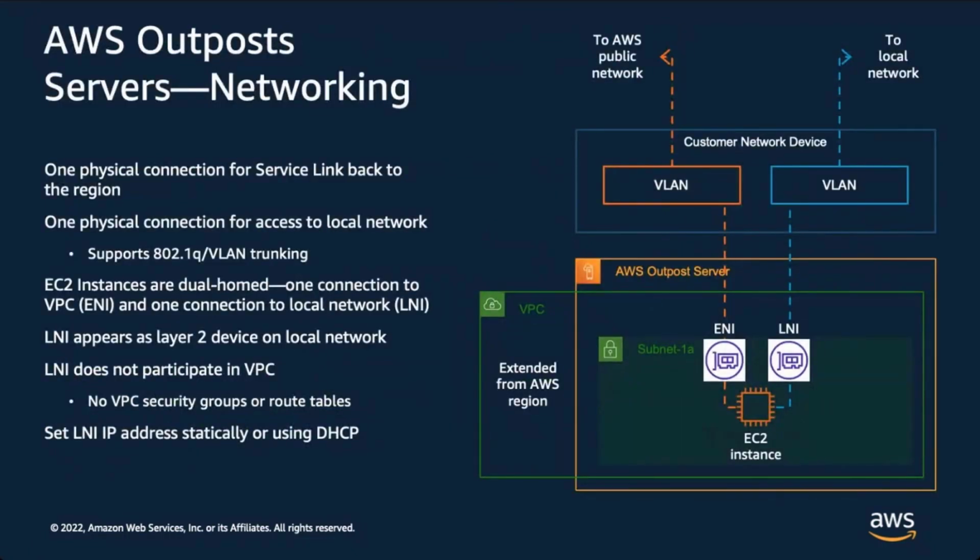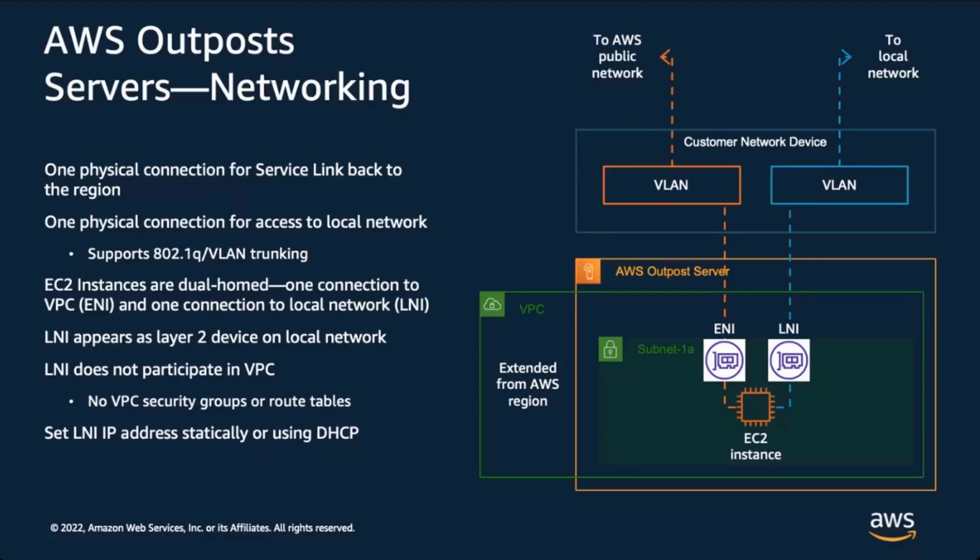Let's talk a little bit about Outpost servers networking, and I want to spend a few minutes here because it is different. It's different from the way we do things in region. It's different from the way we do things on Outpost racks. And a lot of it is because when you think about what we do with Outpost racks, if you're familiar, we do a lot of layer 3 connectivity to get from the Outpost to the local data center network.